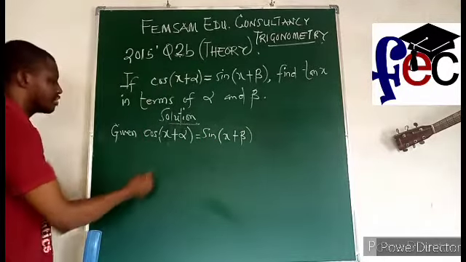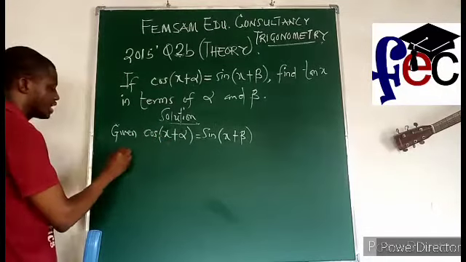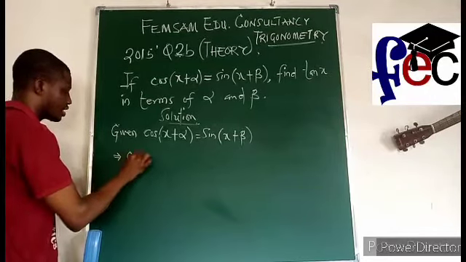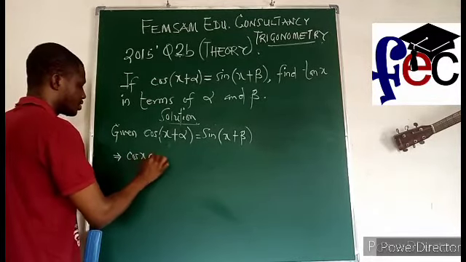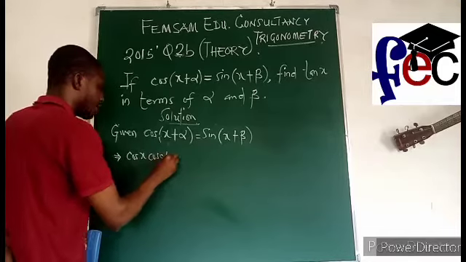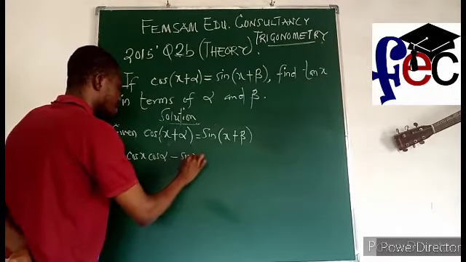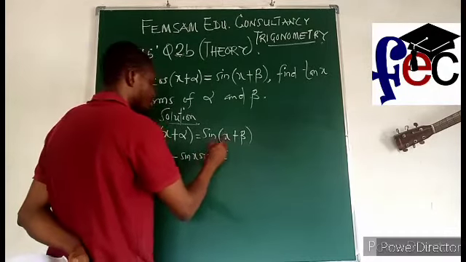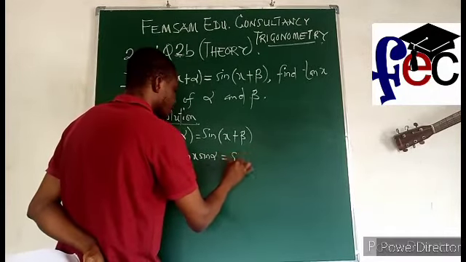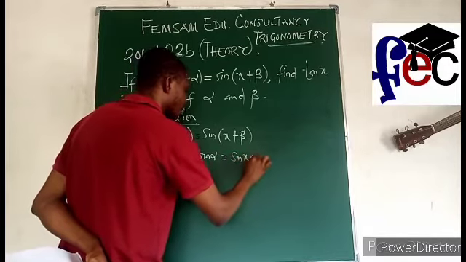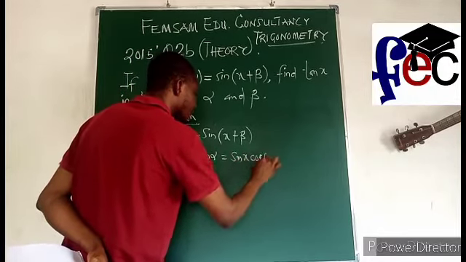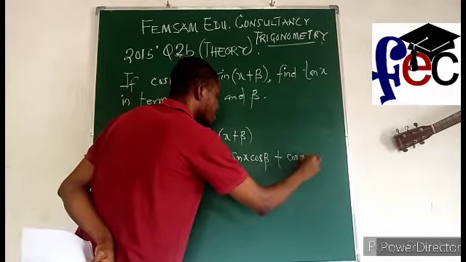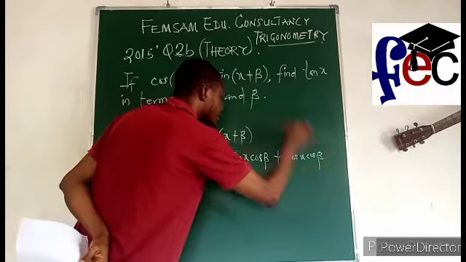So using the addition formula to expand this, we will have cos x cos alpha minus sin x sin alpha equal to sin x cos beta plus cos x sin beta.